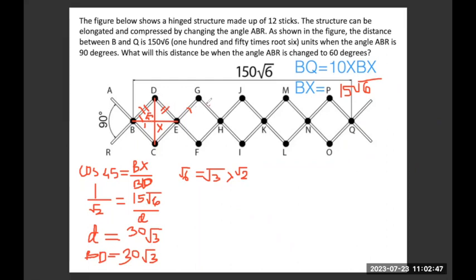This value is equivalent to GH, EG, FH, EF, all. I'm going to draw that triangle again.